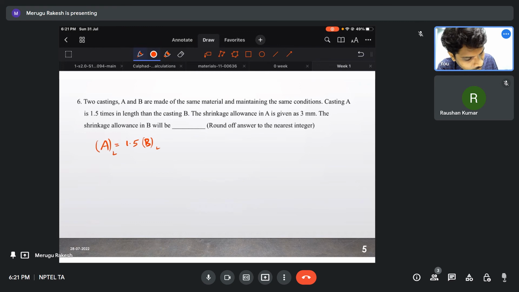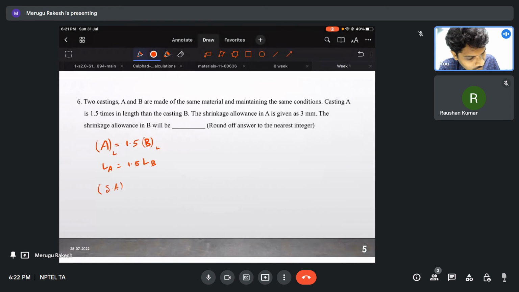Or else you can clearly write it like this: length of A is 1.5 times the length of B. Next, the shrinkage allowance in A is given as 3 mm. The shrinkage allowance in B will be, directly, we can equate this.